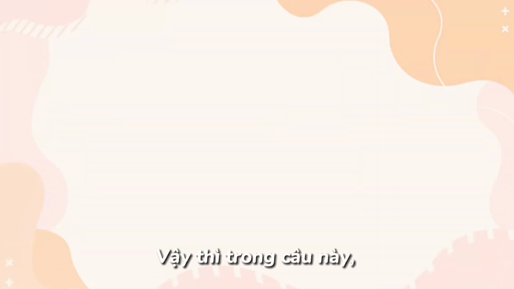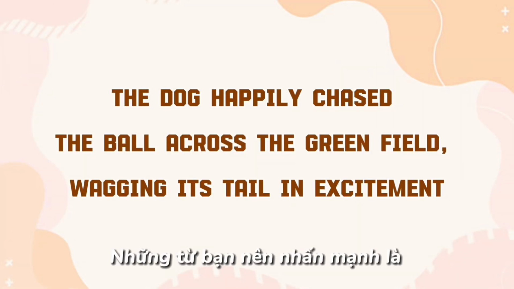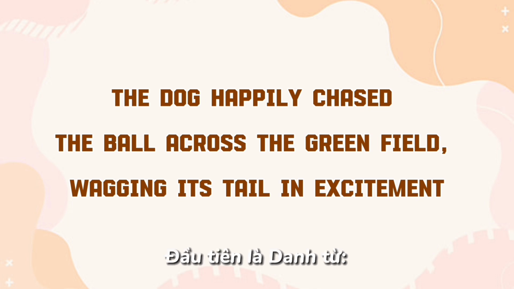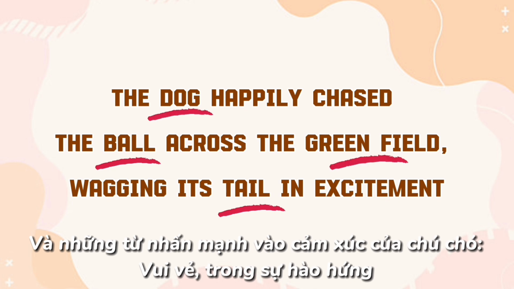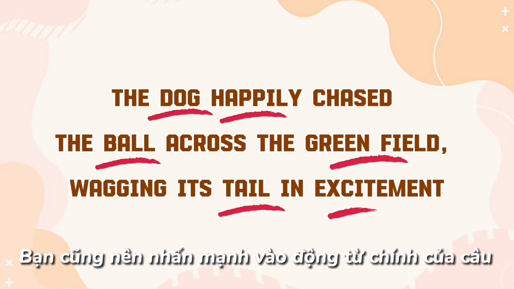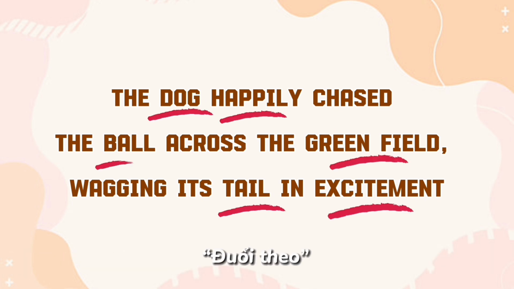So in this sentence, the words that you should emphasize are first the nouns: dog, ball, green field, tail, and the words that describe the emotions of the dog: happily and in excitement. You should also emphasize the main verb of this sentence: chased. The dog happily chased the ball across the green field, wagging its tail in excitement.